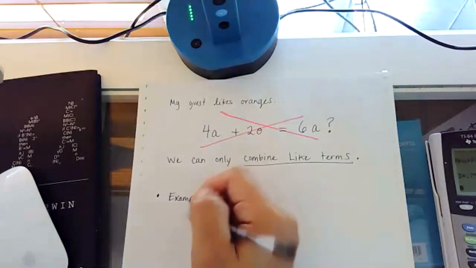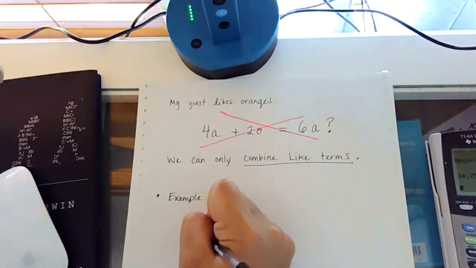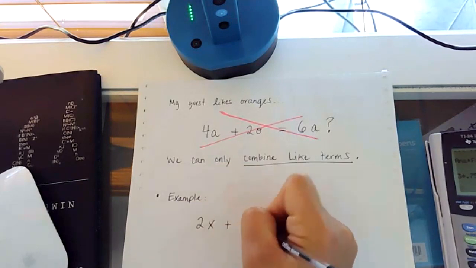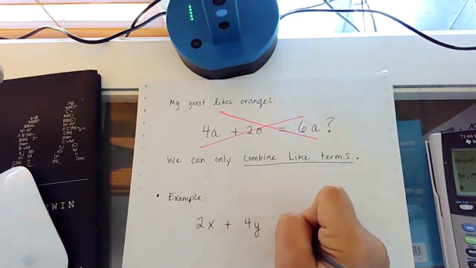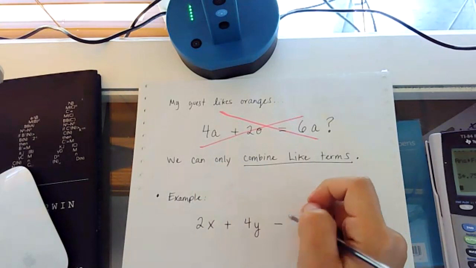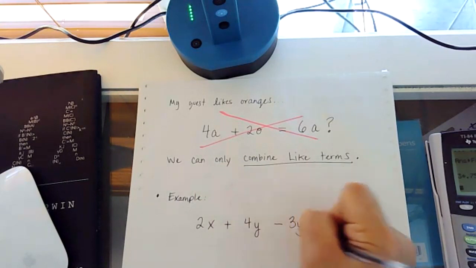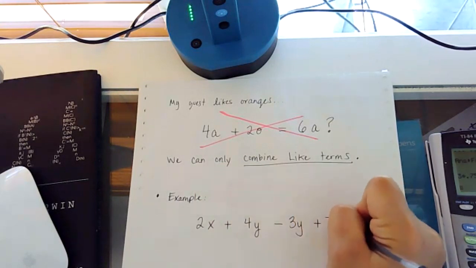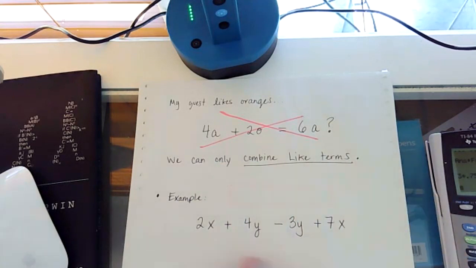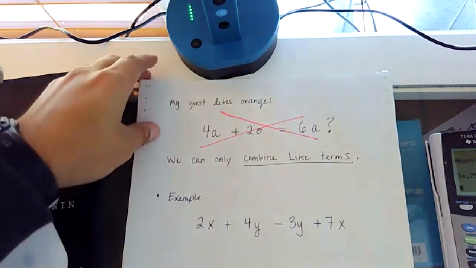But anyway, if I gave you the expression 2x plus 4y minus 3y plus 7x, can anybody simplify this?